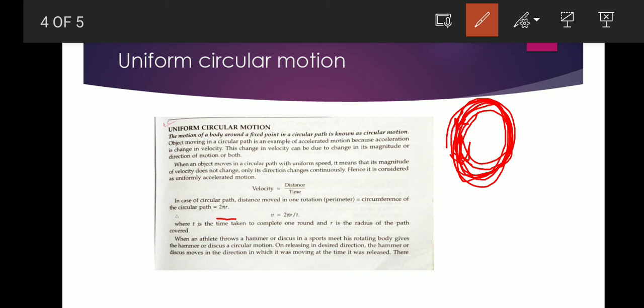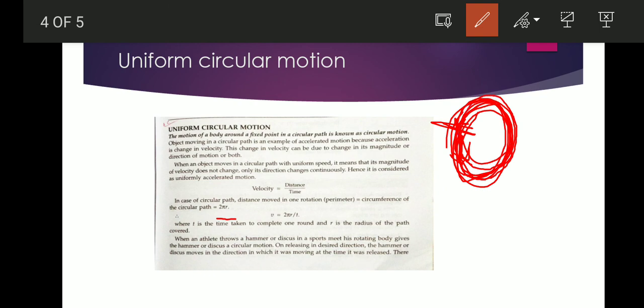So 2 pi r divided by time is the velocity of that circular motion, where t is the time taken to complete one round and r is the radius of the path covered. Here t is the time taken to complete. Initially we start moving from here, so our time taken will be to reach this point again.